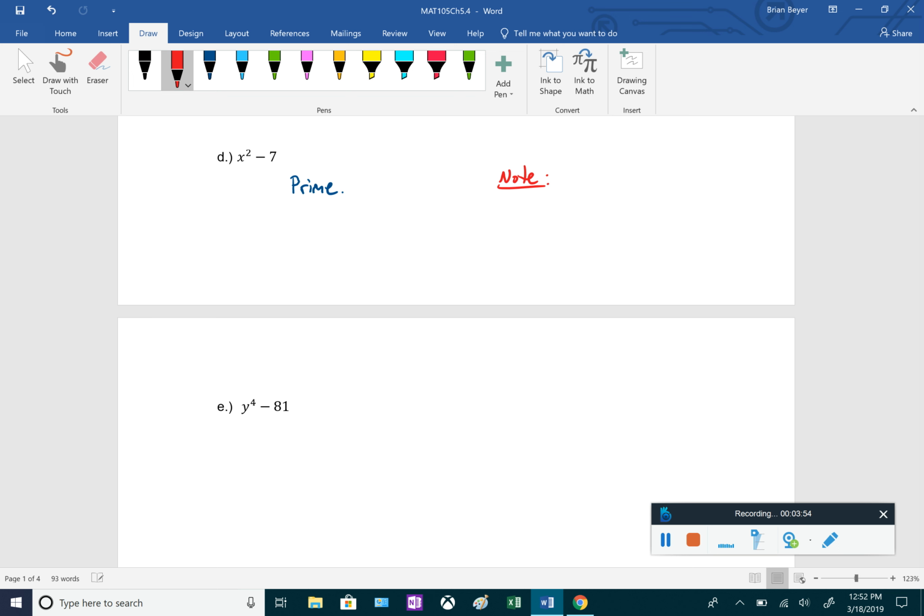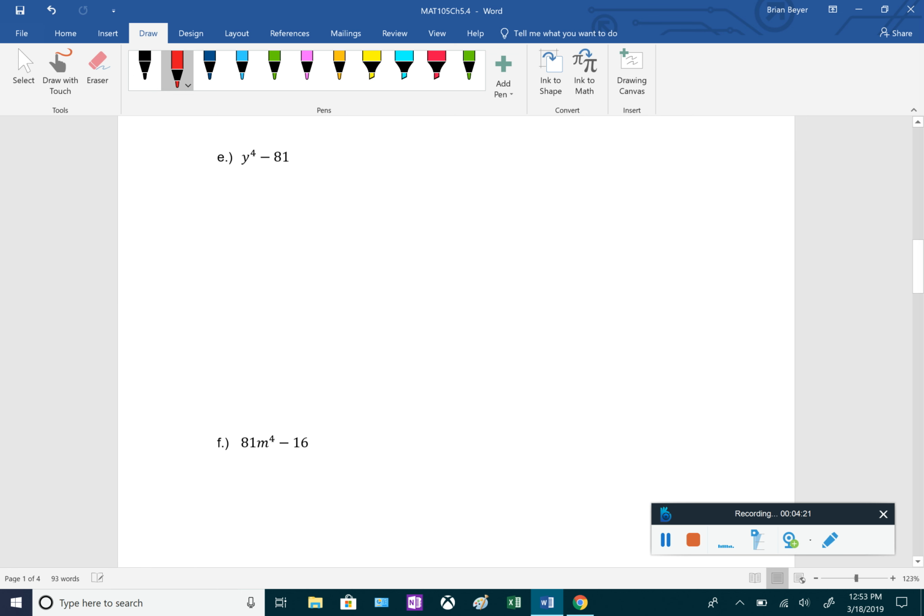This isn't really going to come into play for us, but just keep it in mind: x squared minus 7 could be written as x plus radical 7 times x minus radical 7. For now, we're just going to be writing the answer as prime, meaning it cannot be factored.